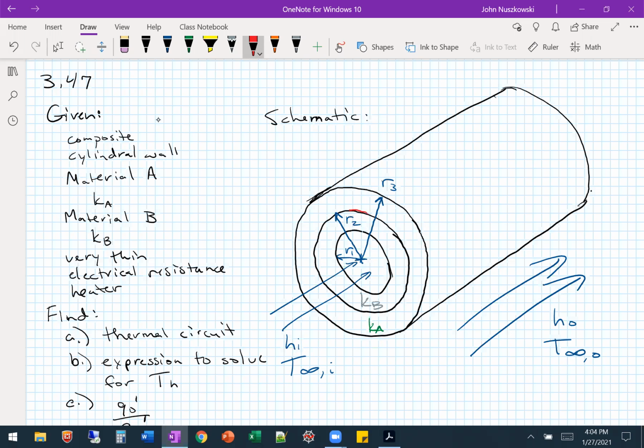Okay, so right here is in between material A and B. And that has temperature TH and a heat flux.